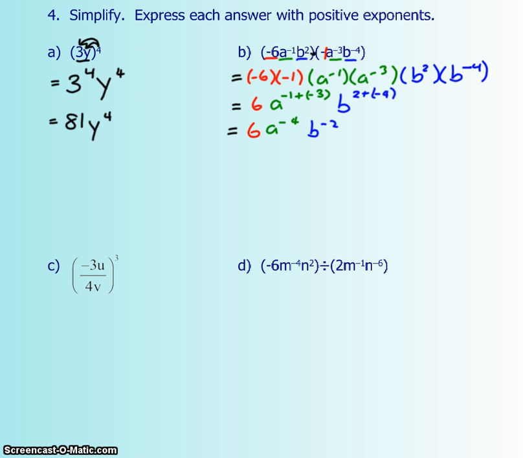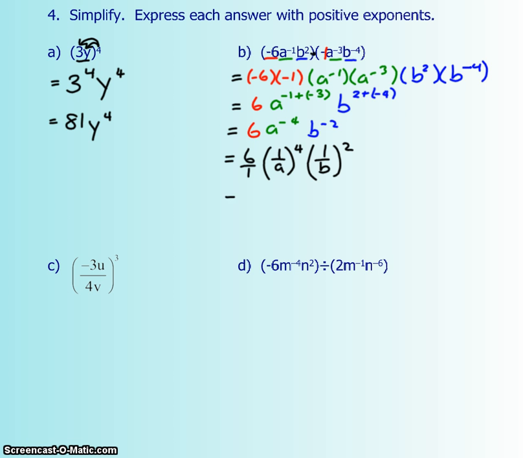We're done simplifying. What we want to do now is make sure that we have all positive exponents. So again, that was a rule from the previous video. We have 6. We're going to flip the A upside down, and then that's going to be to a positive exponent. We do the same with the B. Now that 6 is with a 1 on the bottom.